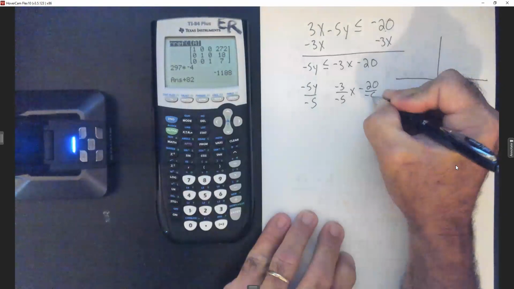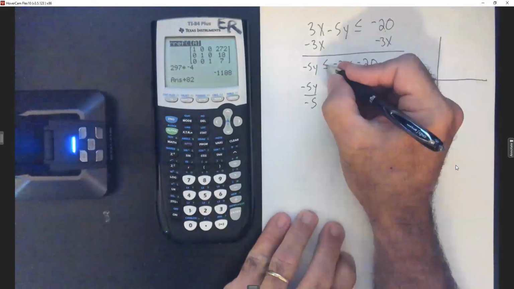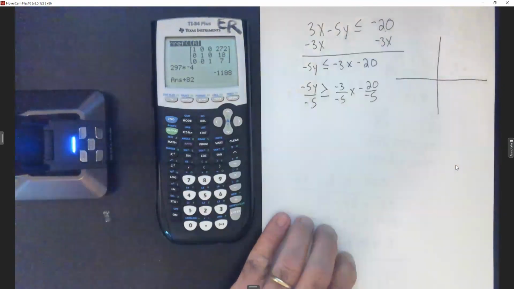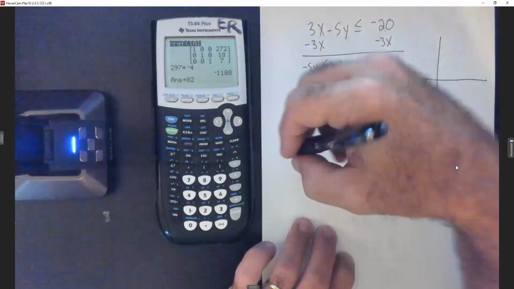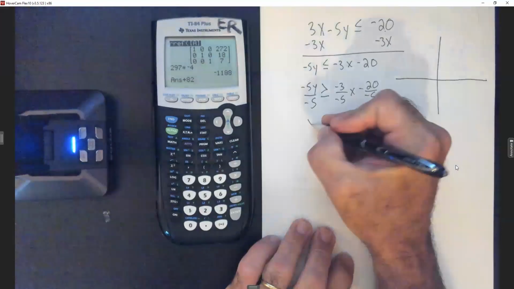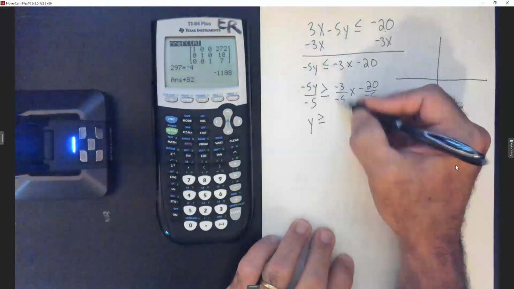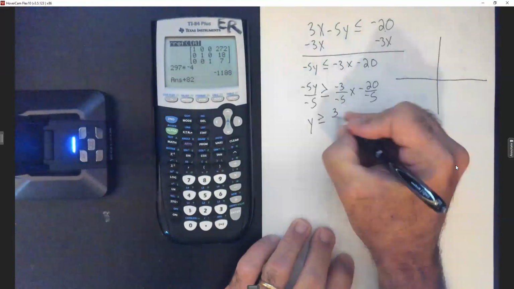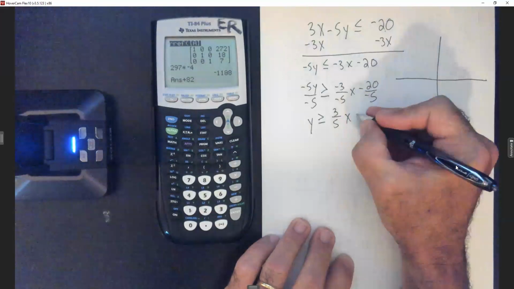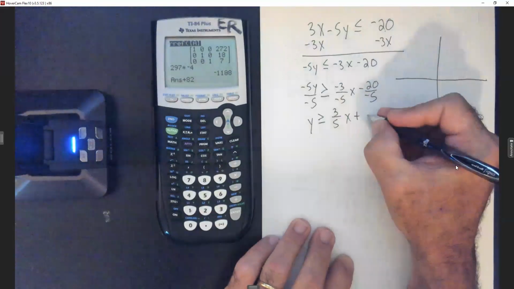Which means I'm dividing by negative. The less than or equal now becomes a greater than or equal. You got to reverse that when you divide by negatives. So that y will be greater than or equal to a positive 3/5 x because the 2 negatives. And these are 2 negatives, so that'll be a positive 4.